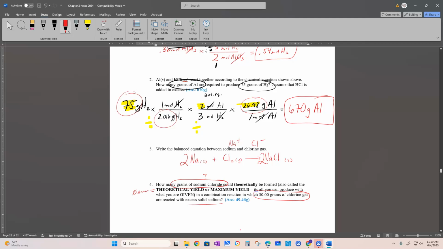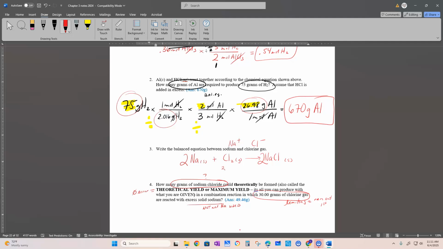Now, the excess sodium, going to make a little bit more sense in this last video, 3.7. That means that excess sodium, not all of the sodium was used that they gave you. That means chlorine is what's called your limiting. He ran out first. And because he ran out first, he dictates how much you're going to form.